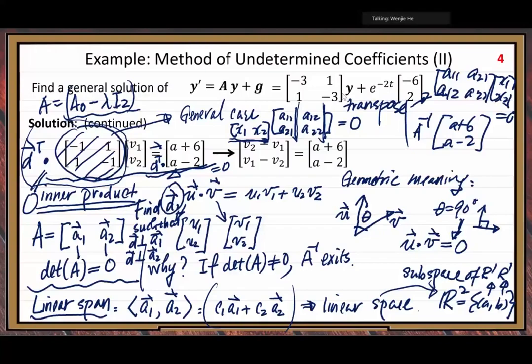So how to calculate the angle? Very easy. Here we only use the 90-degree angle. 90 degree, the inner product is 0. If it's not 0, then it's not 90 degree. Then you need to apply the formula and find what the angle is.